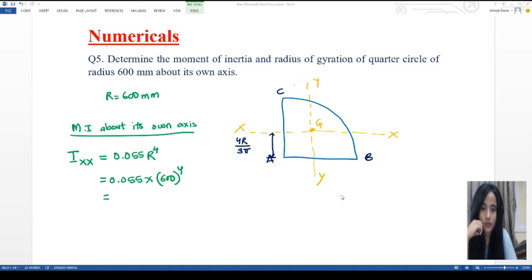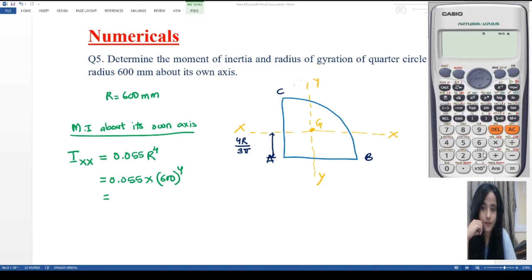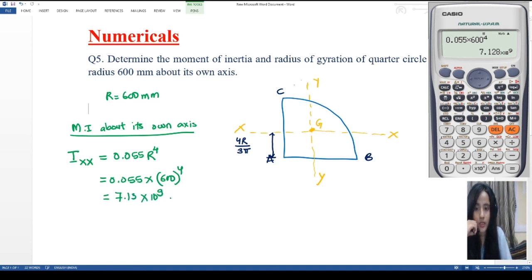Let's solve it in a calculator. 0.055 into 600 raised to power 4. So this is coming equal to 7.128 into 10 raised to power 9. So let's make it 7.13 into 10 raised to power 9 mm raised to power 4.